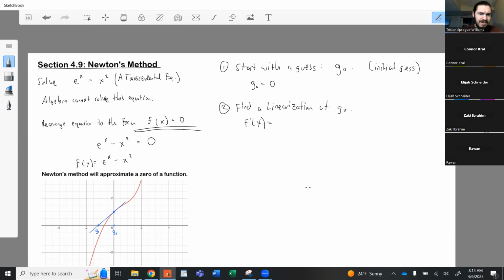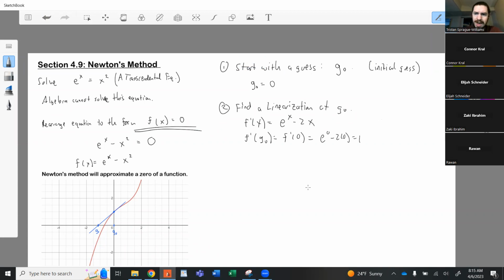Our function is e to the x minus x squared, so the derivative is e to the x minus 2x. We're going to need to know that evaluated at our initial guess, g0, which we said was just going to be 0. So f prime of 0 is e to the 0 minus 2 times 0. This is equal to 1.